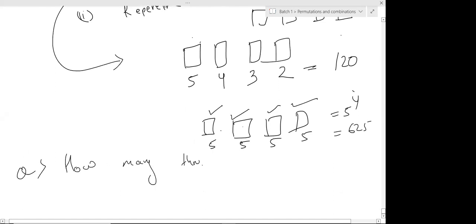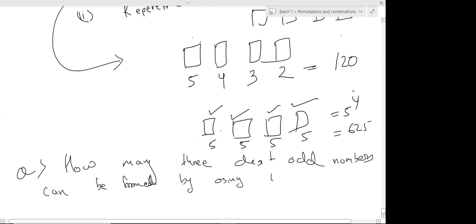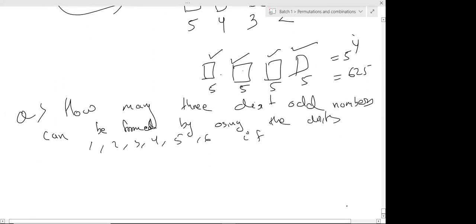How many 3-digit odd numbers can be formed by using the digits 1, 2, 3, 4, 5, 6 if repetition is not allowed?